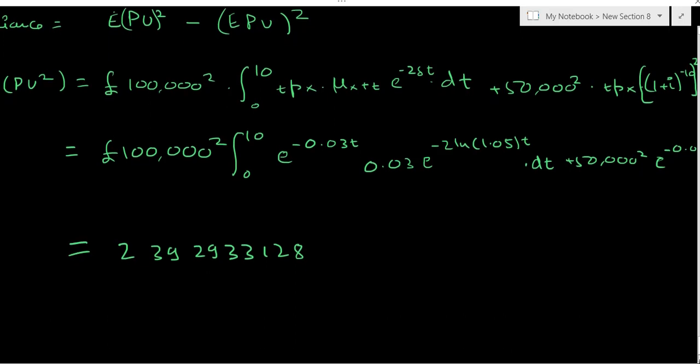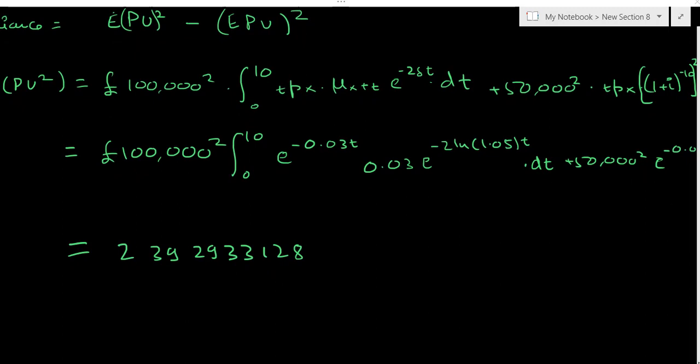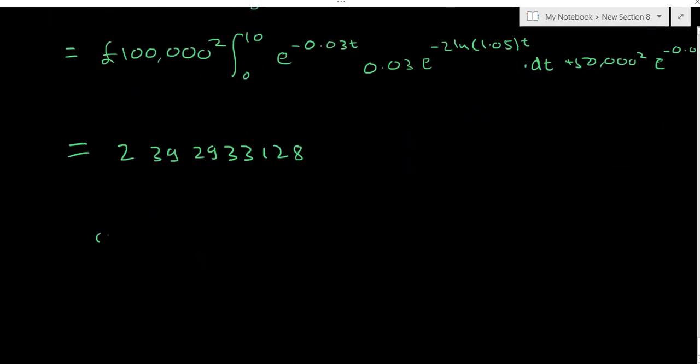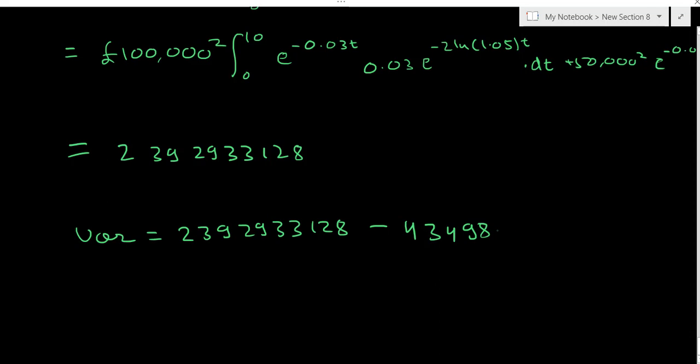And if you try to calculate the variance using this, the variance is equal to the EPV squared minus EPV whole squared. So this is just 2392933 minus the expectation, which was 43498.914, squared.